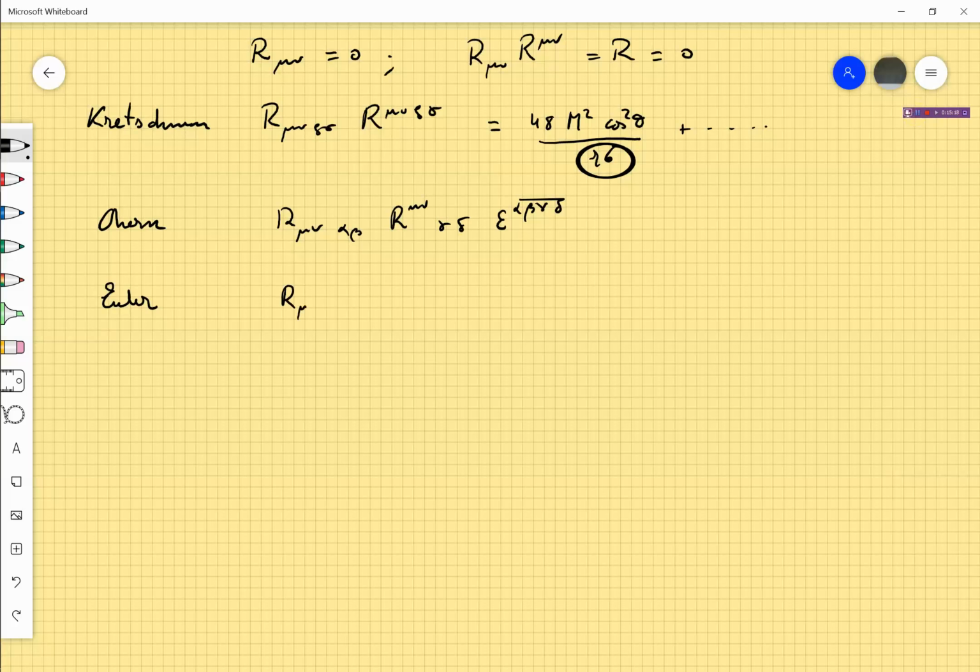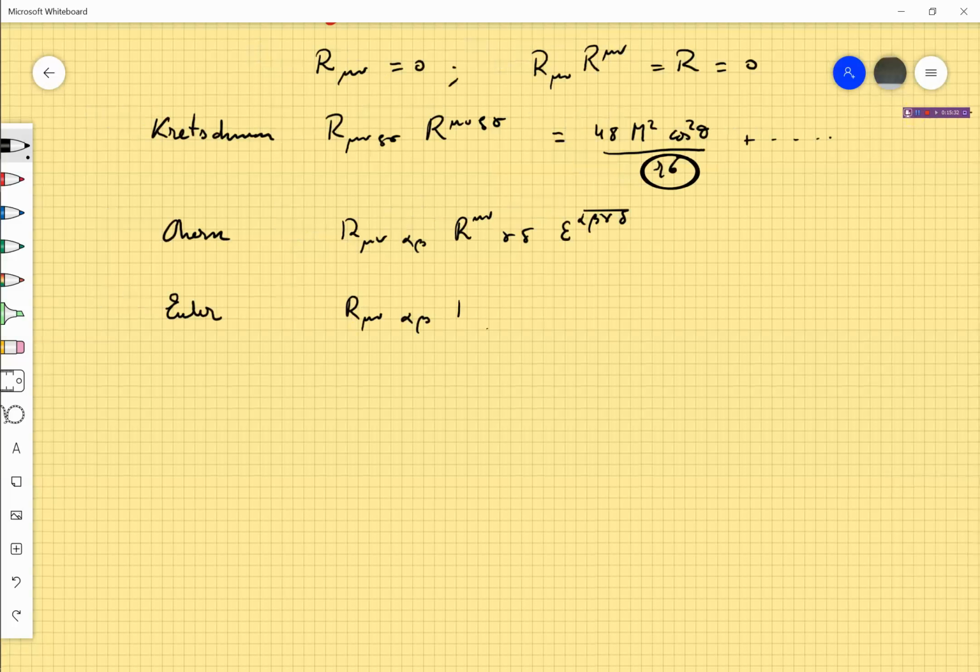So this is R_μν αβ R_ρσ γδ, and then ε^μνρσ and ε^αβγδ. So you contract with epsilon this, and then with the other epsilon this and this.